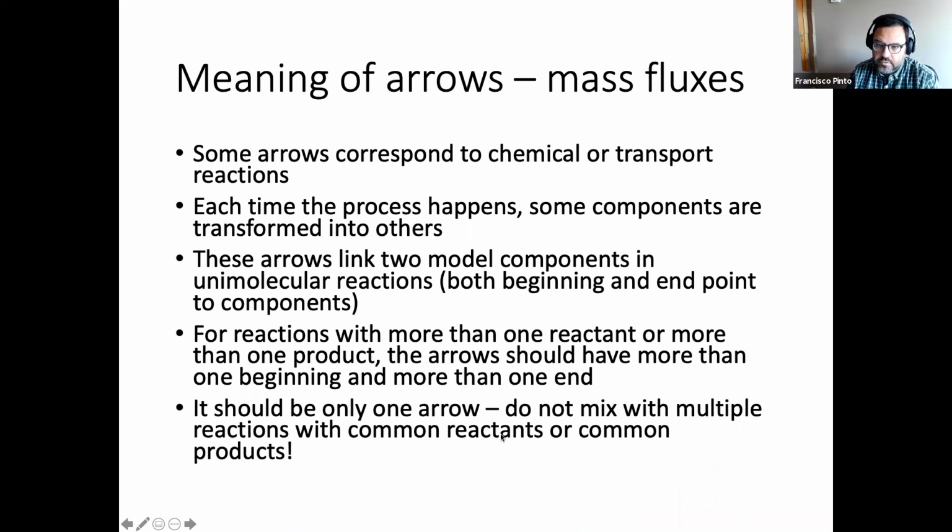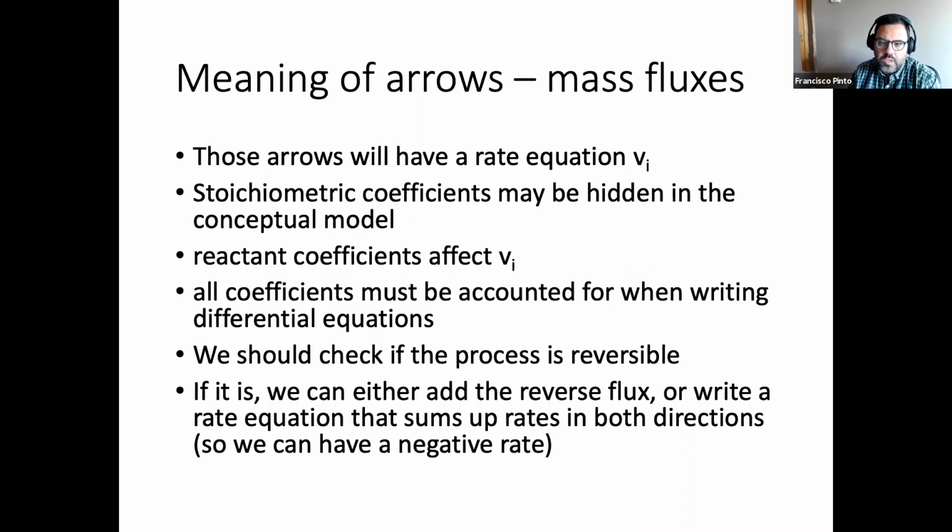So you have to be careful about understanding what is the meaning of each arrow. Each arrow of mass flux will have a rate equation, and the stoichiometric coefficients may be even, so you have to be careful about that.